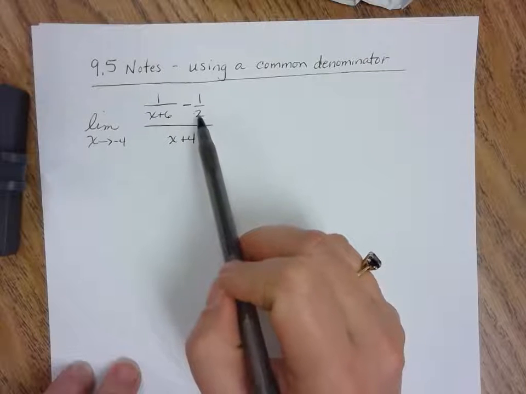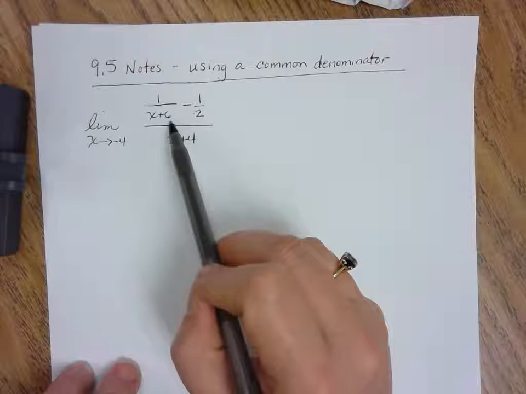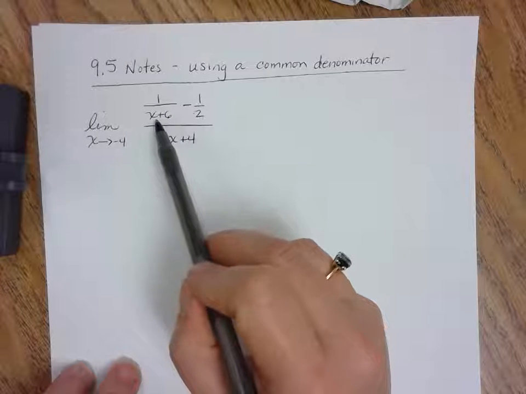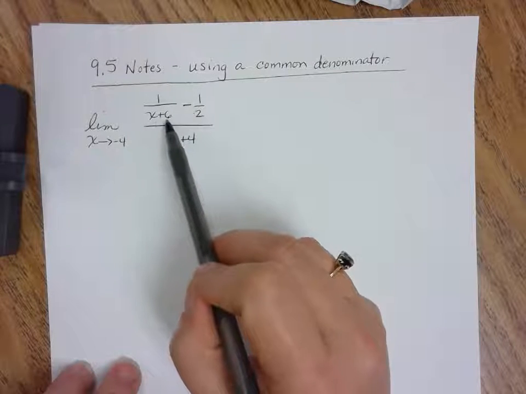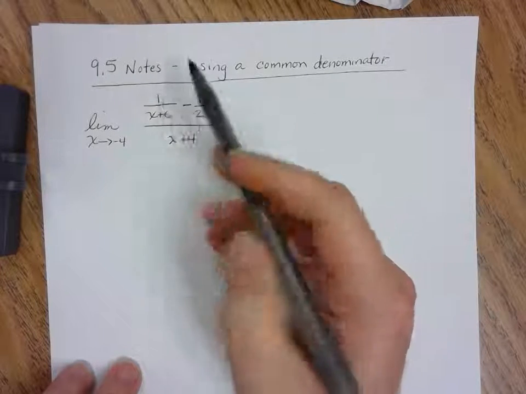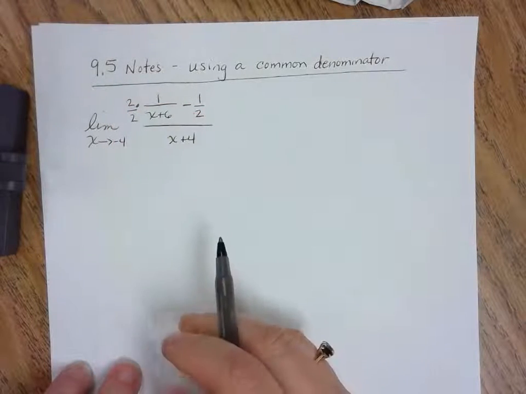There's not anything I can just multiply this 2 times and turn it into an x plus 6. Easiest way to find a common denominator is to just multiply the other fraction by the denominator of this fraction. So I'm going to multiply the first fraction times 2 over 2.